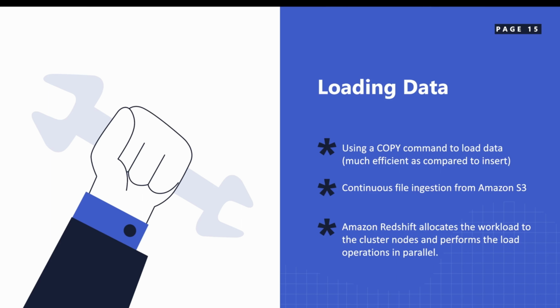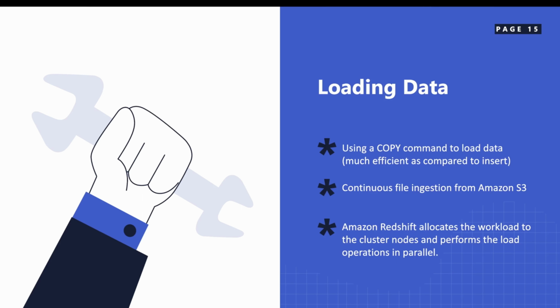Continuous file ingestion means that, suppose live data is coming to the data lake, you want to build a mechanism so that whatever modification is done in the data lake is reflected in your data warehouse. You can perform that type of operation, which is called continuous file ingestion from Amazon S3. And the third point is that Amazon Redshift allocates the workload to cluster nodes and performs the load operation in parallel.